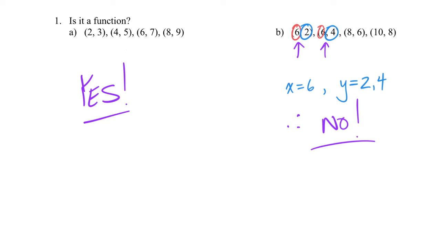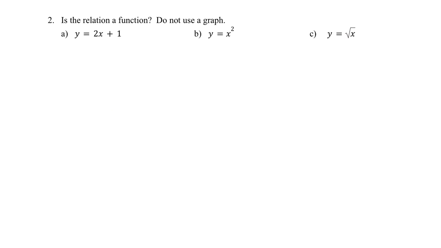Now I want to jump into the difficult stuff. Now I want to start getting to equations. So you take a look at problem 2, and problem 2 says, is the relation a function? But I have put in here, do not graph. The reason I want to put that in is because I want us to avoid using the vertical line test.